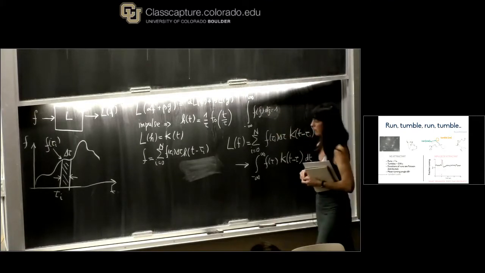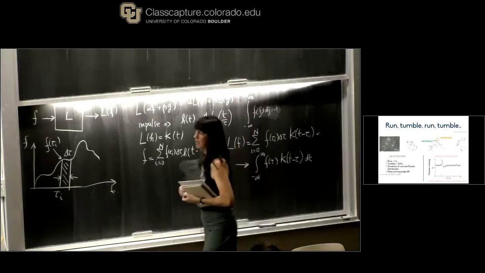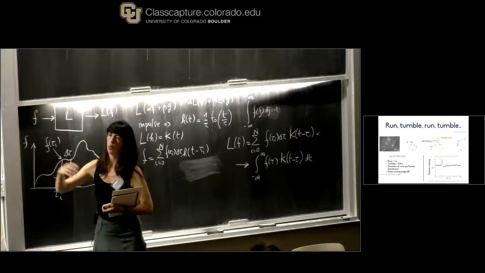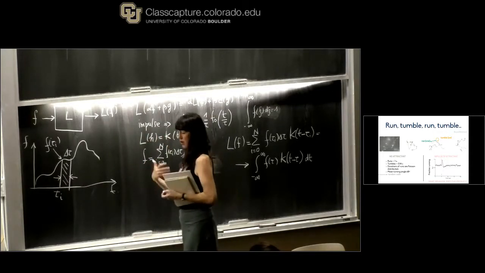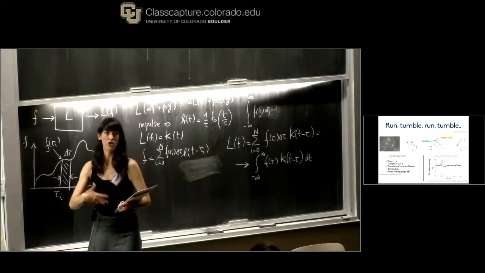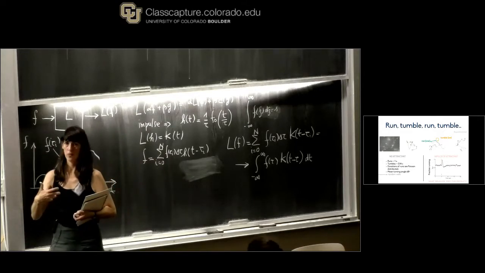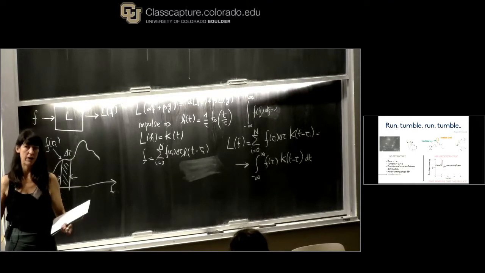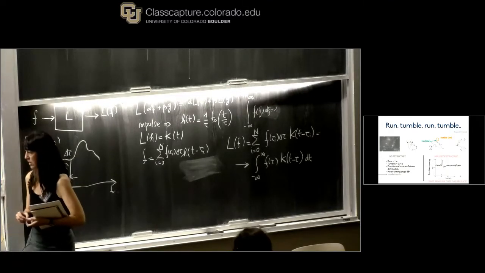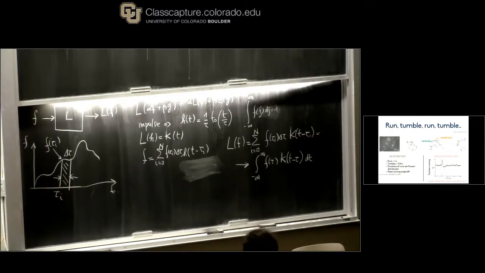Now we can use this and try and compute the response of a bacterium to a generic time course of attractant or repellent. And if you do that, you just have to compute that linear response.